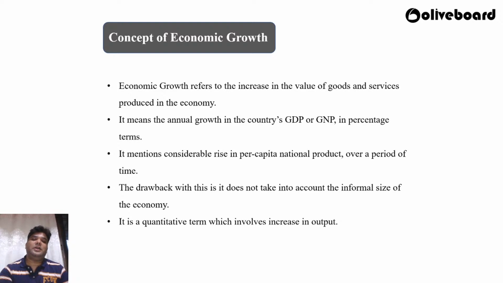GNP is gross national product. So it means a considerable rise in per capita national product also. GDP बढ़ेगा तो आपका per capita GDP बढ़ेगा, GNP बढ़ेगा तो per capita GNP भी बढ़ेगा, right? So one can say that economic growth is a quantitative term which involves an increase in output. Output कौन सा? Goods and services. That is considered to be a part of your output.